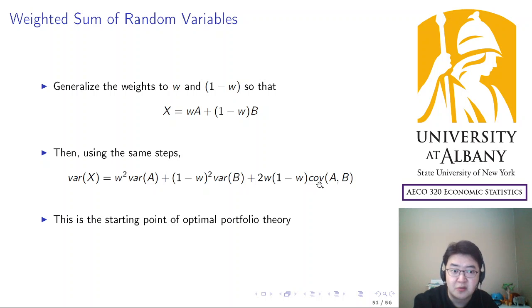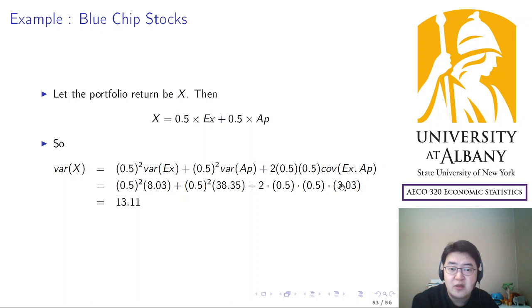So plug in those numbers and the covariance. As a result, you get 13.11 as the resulting variance. It's much smaller than Apple, but a little higher than Exxon. So that is how we apply the formula for weighted portfolio variance.